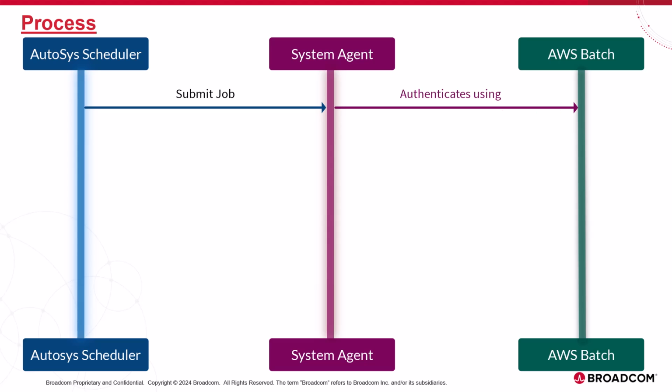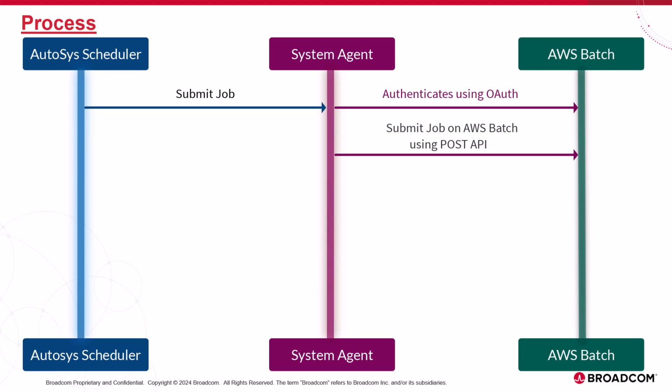AutoSys supports various authentication types such as EC2 Profile Instance, OAuth, External Provider, SAML, and Assume Role. In this video, we are using the OAuth authentication, which uses a combination of access key ID and access key secret. Once authenticated, the agent submits the job to the AWS Batch Server as a POST request.